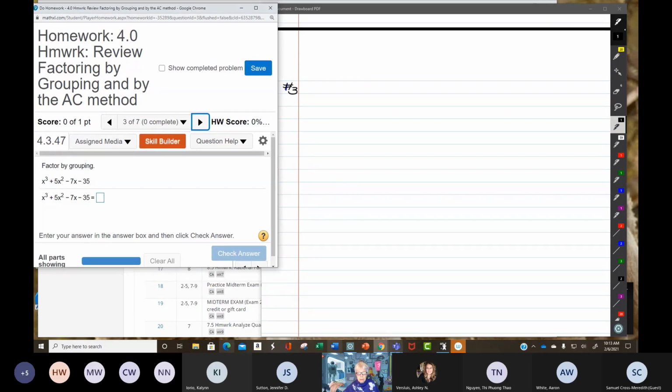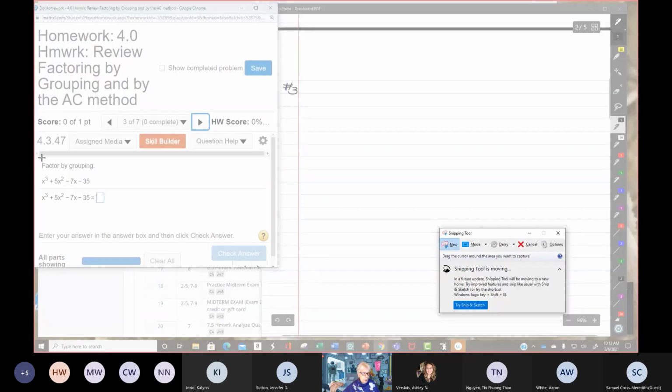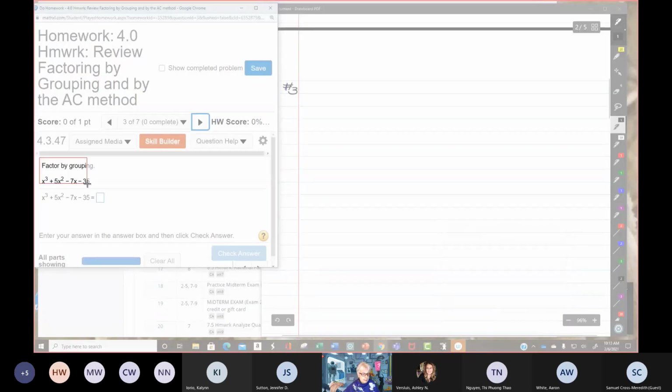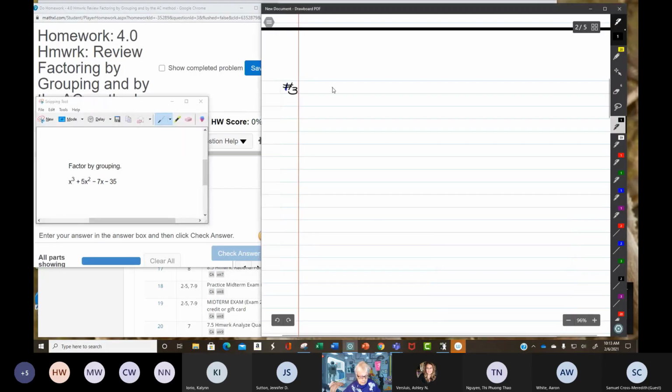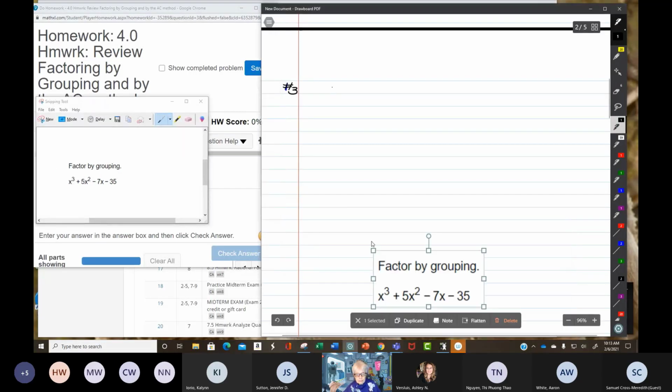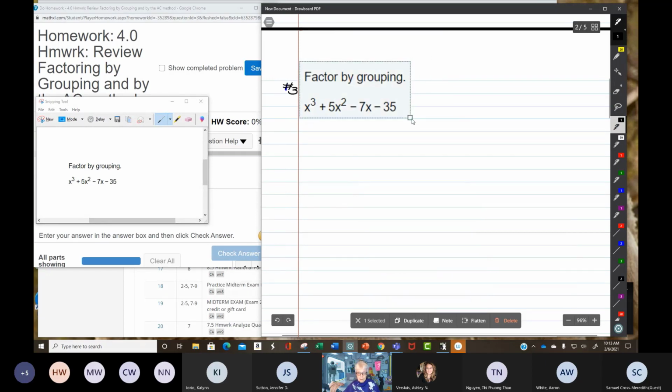And just to make sure I don't miscopy it, let's go ahead and cut and paste that over here. Right there. There we go. Perfect.